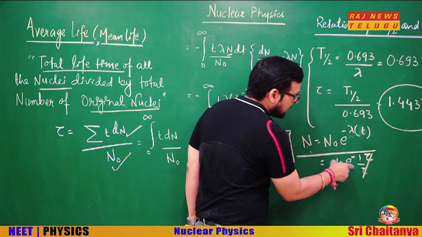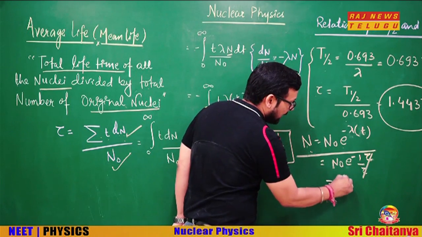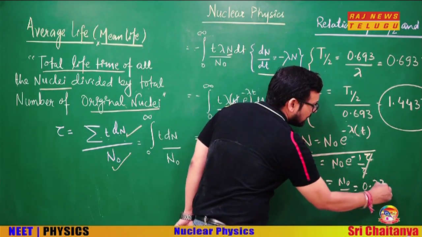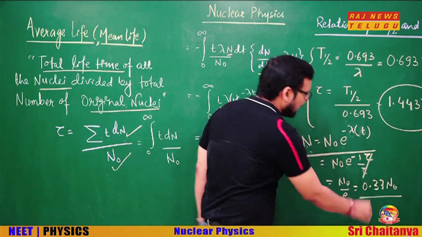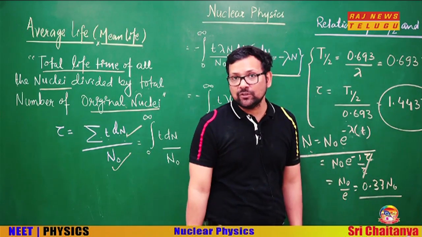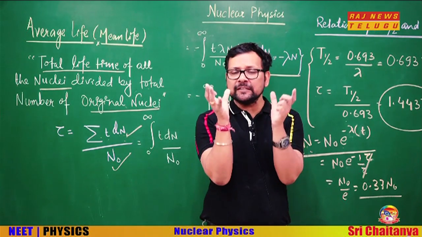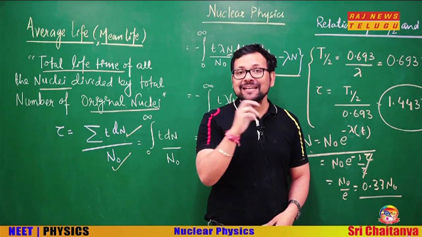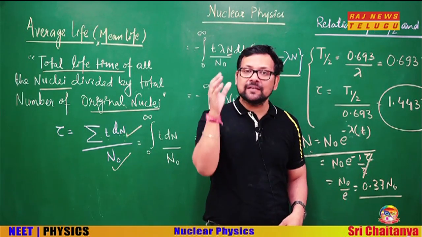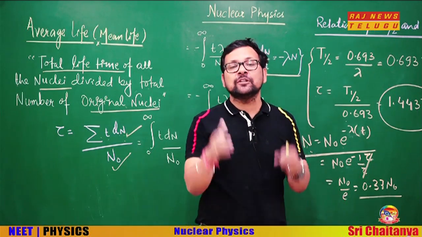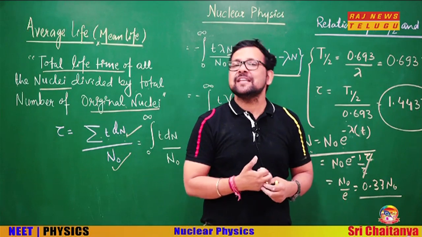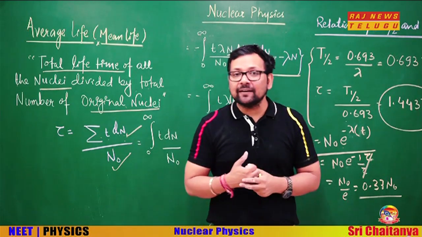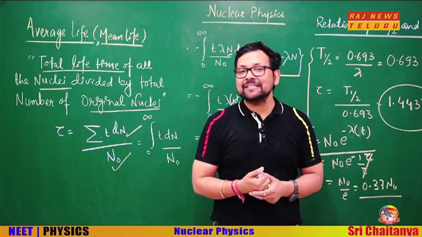So this is e raised to power minus 1, which is N naught by e, which is 0.37 N naught, or 37% of N naught. Isn't it a very nice definition? The mean life is the time after which the nuclei reduce to 37% of the initial nuclei. So these were the interesting topics that we discussed today.